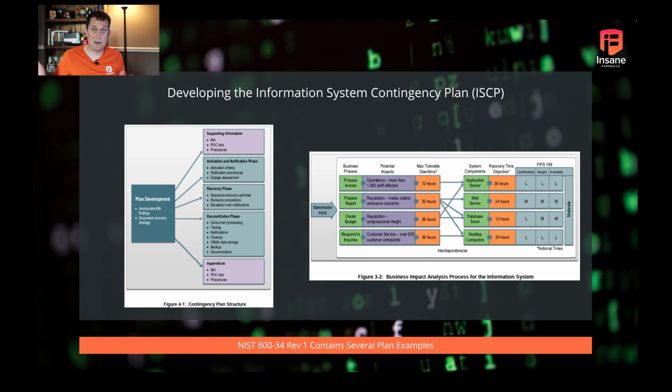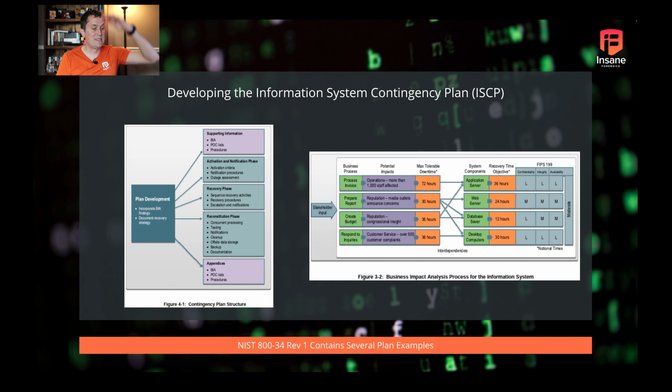Because if it's not realistic, if you're just making it look good on paper, when it actually happens, it's not going to work out well for you most likely, or it's going to take a lot longer than you thought it would. And so that's the business impact analysis. What you will then do is take that down into the activation and notification phases, recovery phase, reconstitution phase.